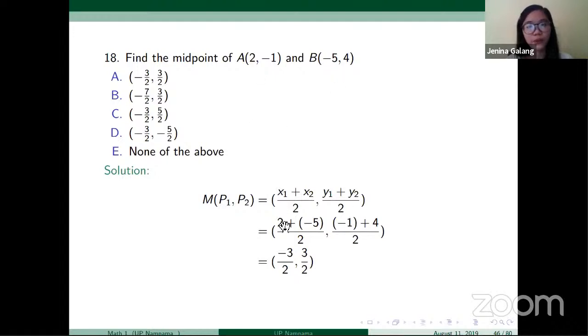So, we have 2 plus negative 5 over 2 and negative 1 plus 4 over 2.